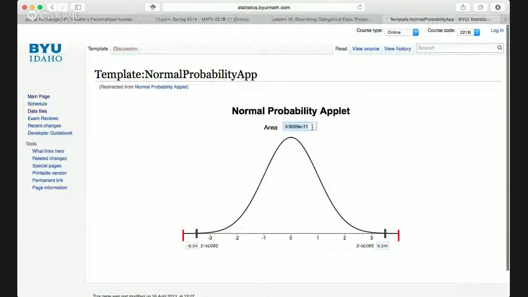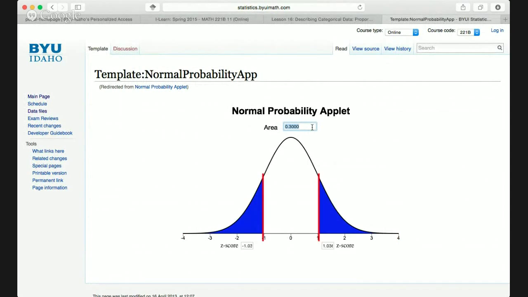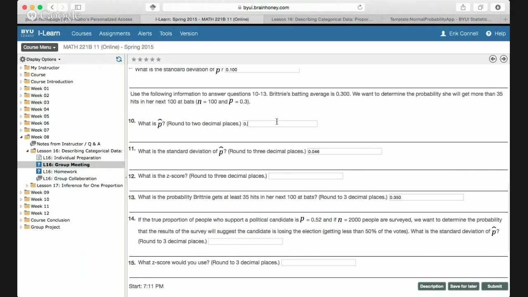Yeah, I was making that way too complicated. Yep, that's right. Okay, and then our z-score would be 1.036. Okay, yeah, that sounds right.